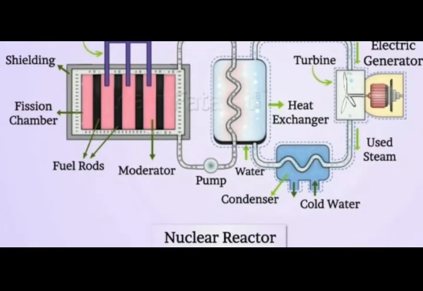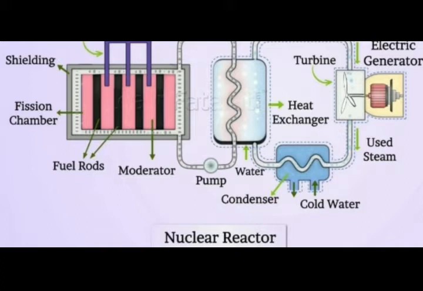Moderators are made of heavy water or graphite. The fast moving neutrons undergo elastic collisions with heavy water or graphite atoms, lose their energy and become slow. The slow moving neutrons are used to sustain the chain reaction.